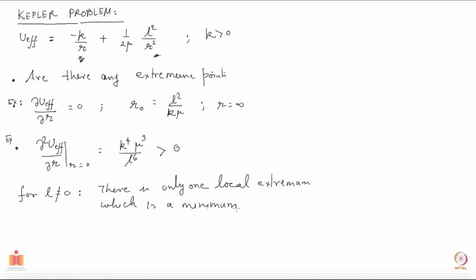Very nice. Now you know that at a point r naught, which is this, you'll have a minimum. Then you know that your U effective goes to 0 asymptotically as r goes to infinity. What else do we know?